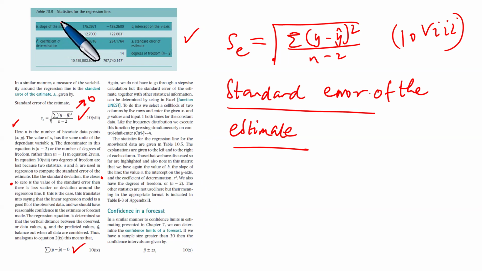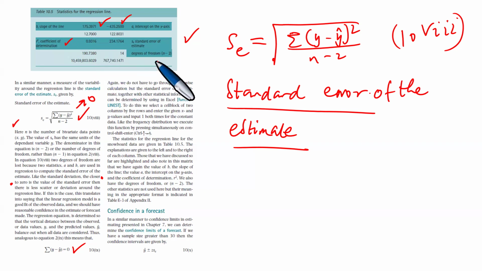Let's have a brief discussion on table 10.5, where we look at the statistics for the regression line. B is the slope of the regression line, which we saw was exactly 175 point something. A was minus 435, which is the intercept on the y-axis. The coefficient of determination is r squared, and you saw r squared to be this.